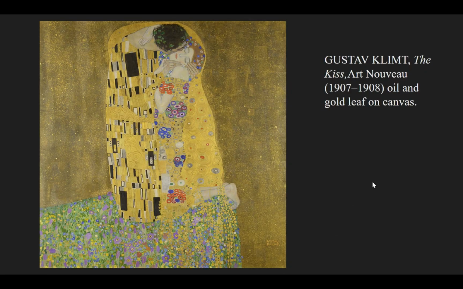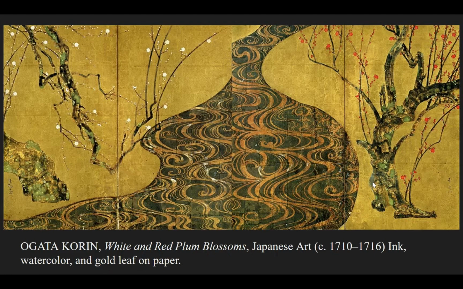And so here we have most likely his most famous work, The Kiss. Oil and gold leaf on canvas. So his artworks are really defined by this gold leaf. And here's why I said that we need to pay attention to Agathe Corinne, because later artists such as Klimt will be influenced by him.